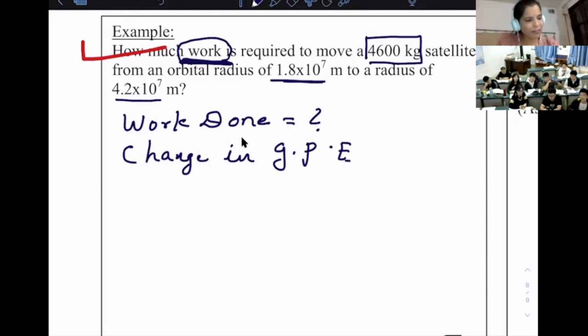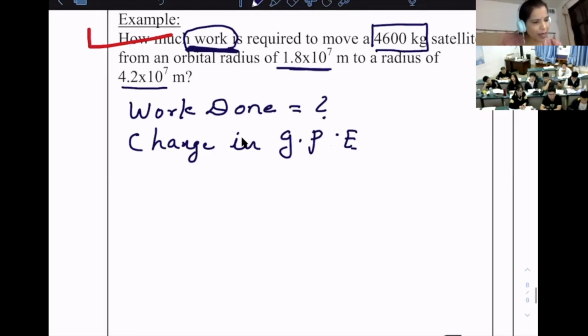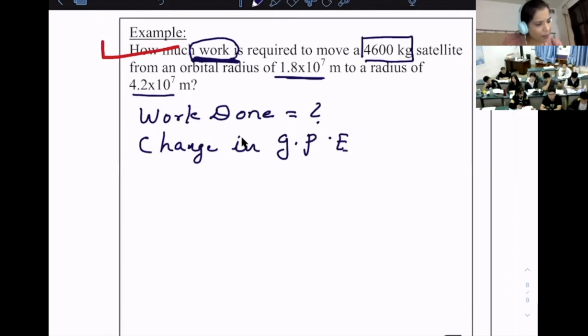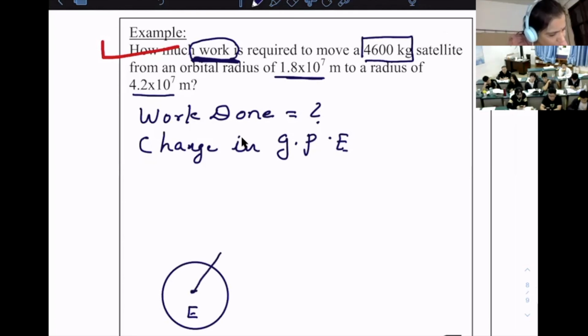I will draw the figure for you. We have the earth here, and this is the center of the earth. Our satellite's mass is 4,600 kg. This is the point where it is right now.